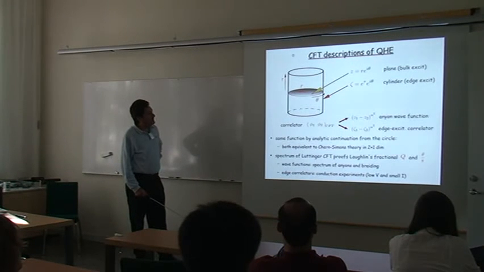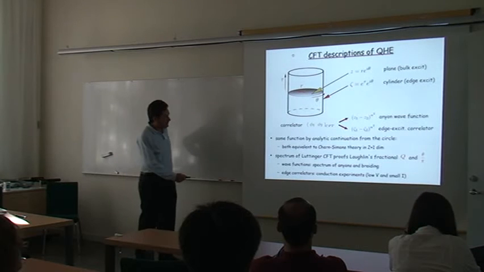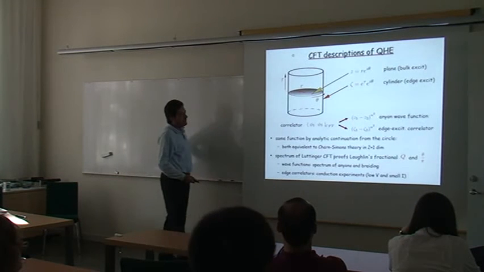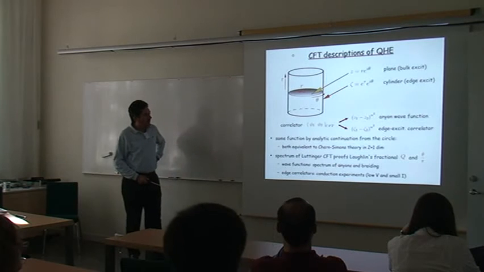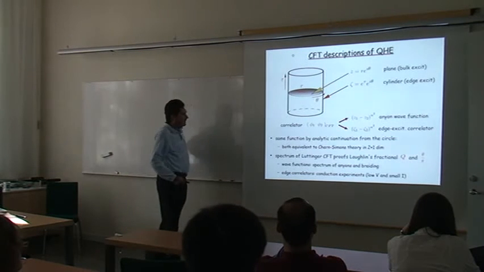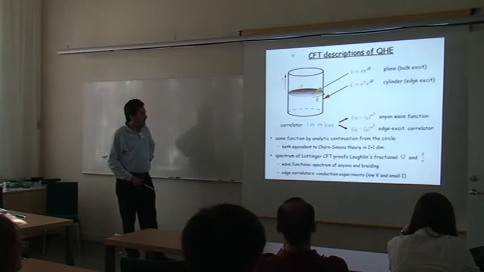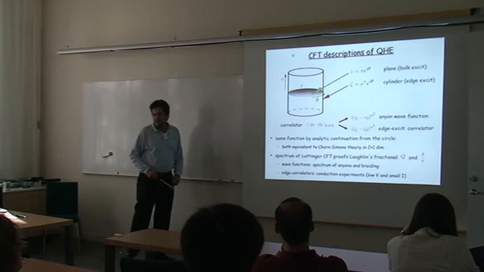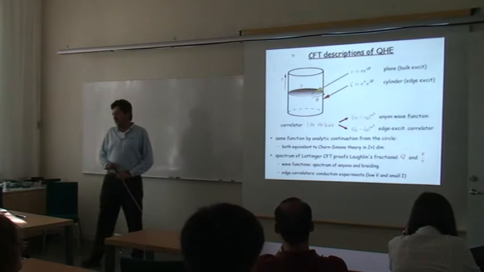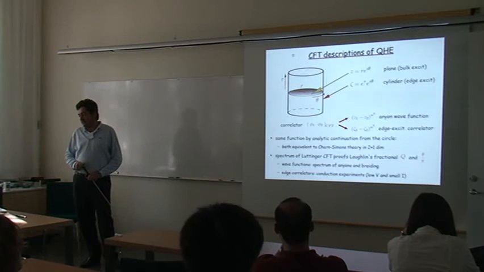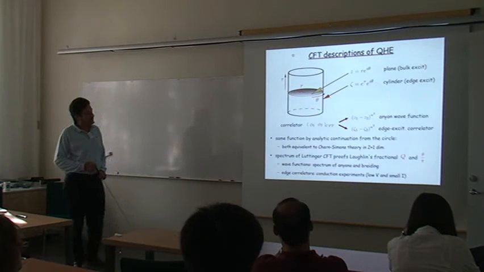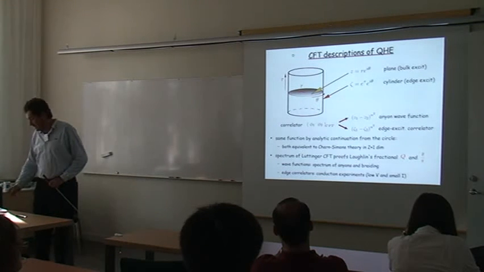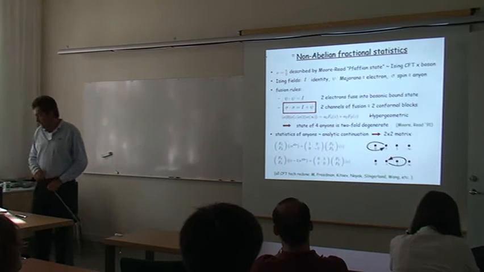What is important is that both aspects matter: from wave functions you get the braiding of anyons, with all the implications, and instead from edge correlations you can predict something about conductance experiments in which you inject some small current, and then you observe scattering of edge states and so on.